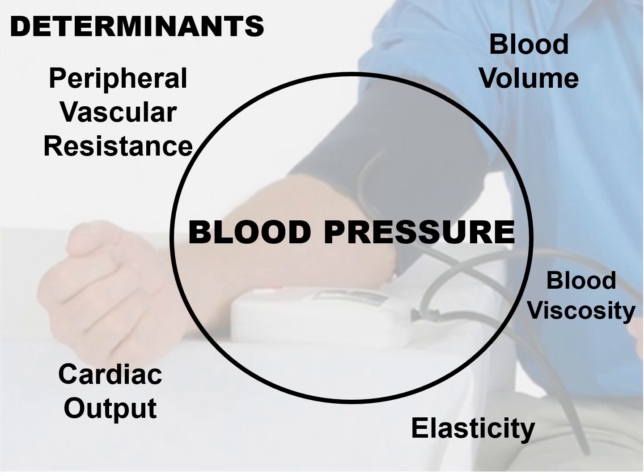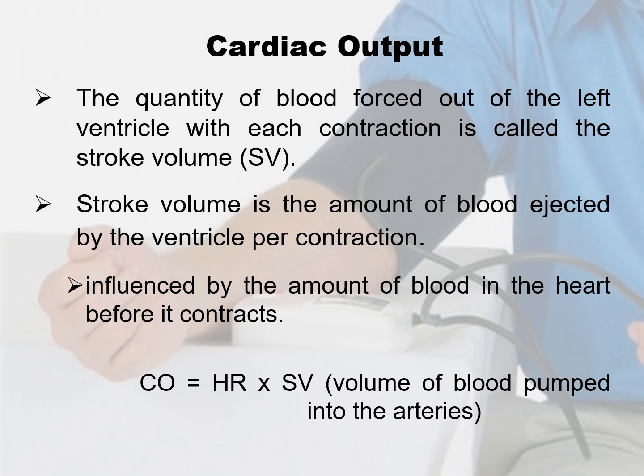So again, these are your determinants for your blood pressure: the peripheral vascular resistance, cardiac output, elasticity, blood viscosity, and the blood volume. Let's first talk about the cardiac output, but let us review some definitions we learned when we talked about the physiology of pulse, as it is also the same with blood pressure.